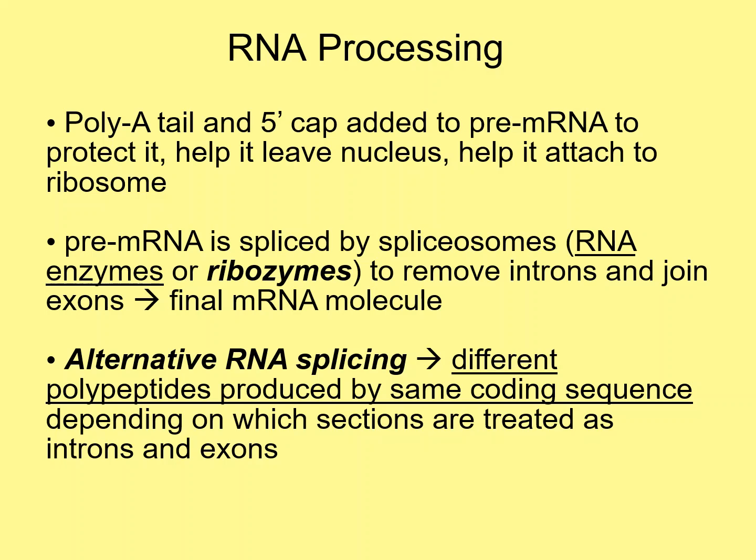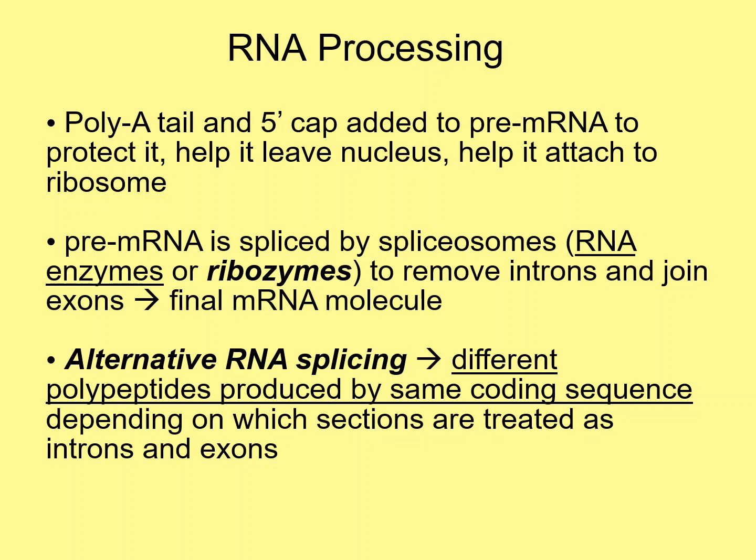But because you have the same gene sequence, what's cool is you can actually make different proteins from the same gene sequence by treating those coding sections and non-coding sections differently in different cells. So maybe in one cell, you have a section that gets treated as an intron, so it gets cut out and removed.